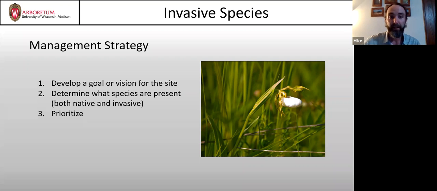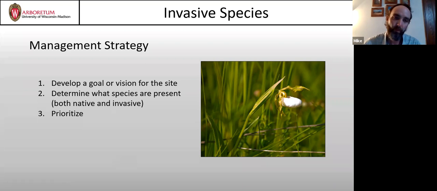But the first thing you need to do, no matter what kind of site you're managing, whether it's a garden in your backyard or a CRP field out at the farm or a 10,000 acre preserve, if you're a manager for the Forest Service or something like that, is develop a goal or a vision for the site. You have to know what you want the site to be.